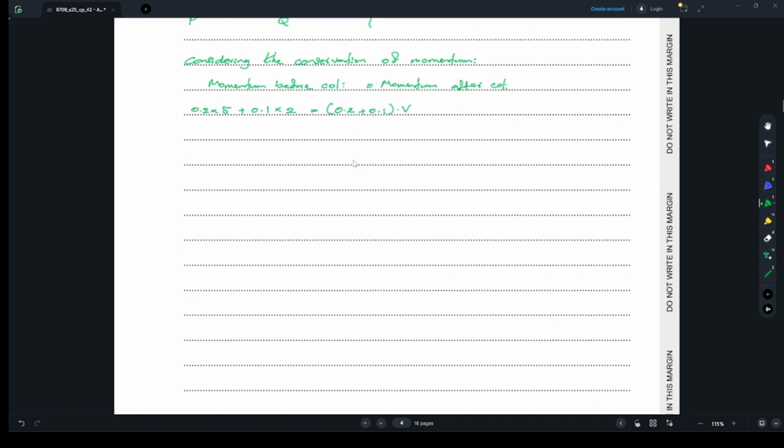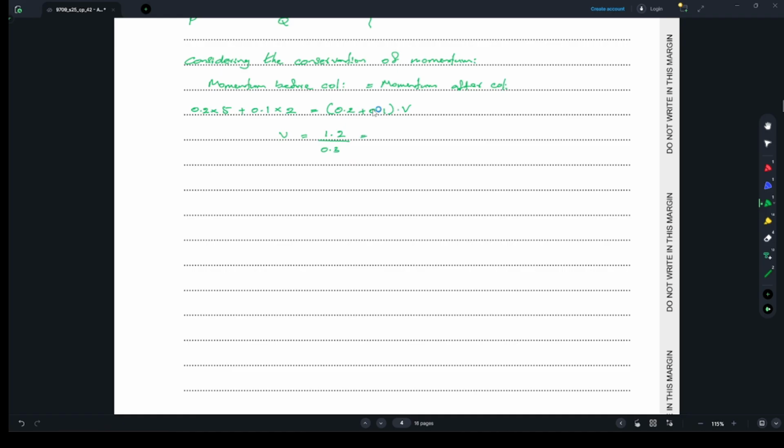and the velocity is v. Okay, and so with this one you can find v equals, so 0.2 times 5 is 1, and then here you have 0.1 times 2, so 0.2, so total is 1.2, divided by 0.2 plus 0.1, 0.3.